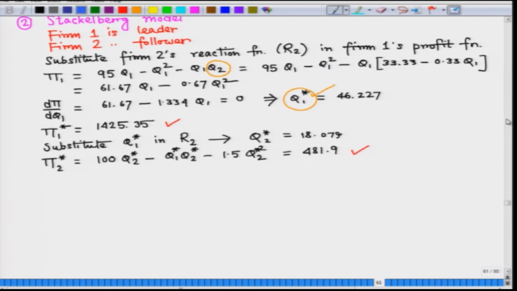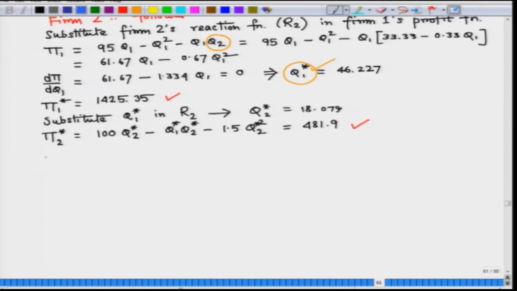What if there is no leader, there is no follower, and these two duopolist firms decide to cooperate with each other? If they decide to make a team, then they will become a monopolist in the market, and they will set a new market output level. We can see how to find that through our numerical example.